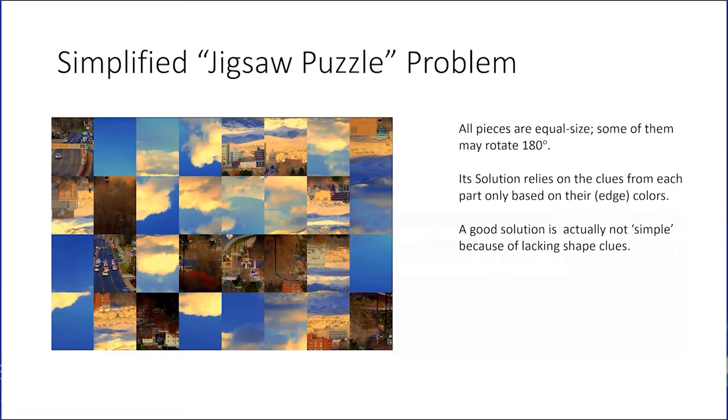Here, this picture shows a simplified jigsaw puzzle problem. Why it's called simplified? Because all pieces are equal size. And its solution relies on the clue from each part, but only based on the edge colors.